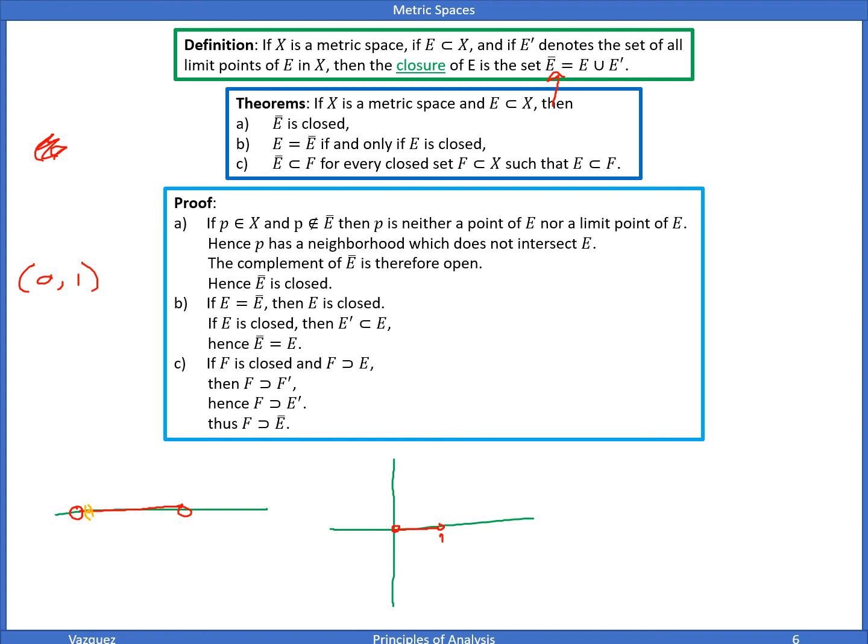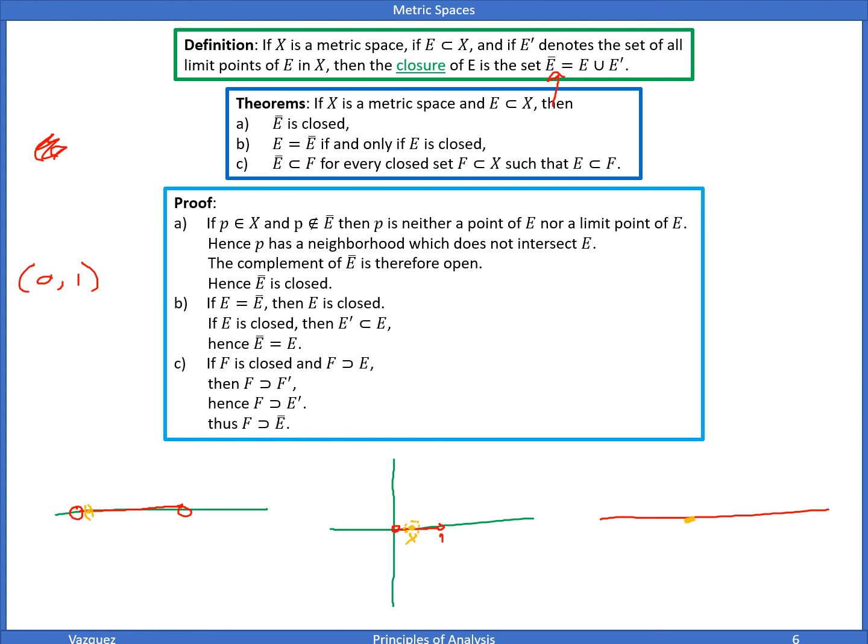You can always do that. But in R2, why is it not open? Well, let's just take an arbitrary point X here. If you draw a neighborhood, yes, to the sides of it, to the left and right, there are points of the interval, but above it, so let me zoom that in.